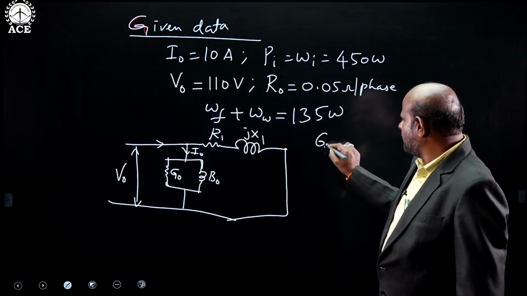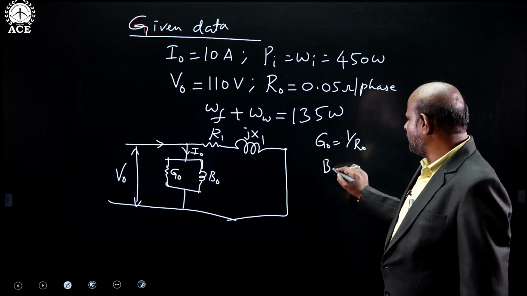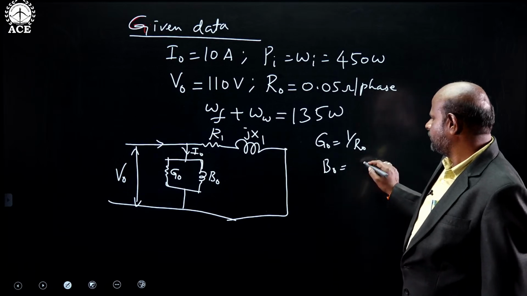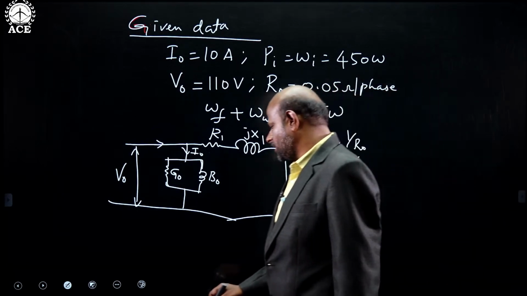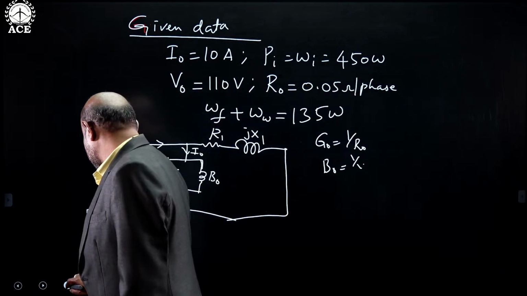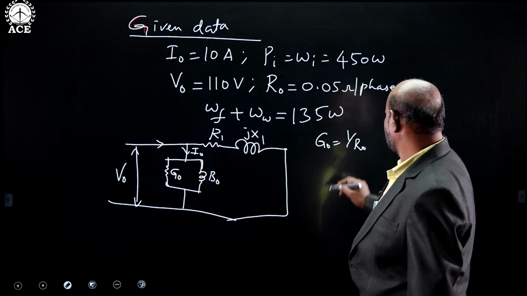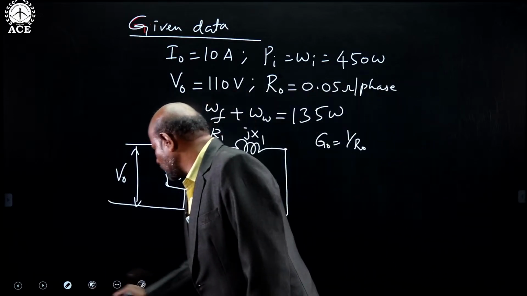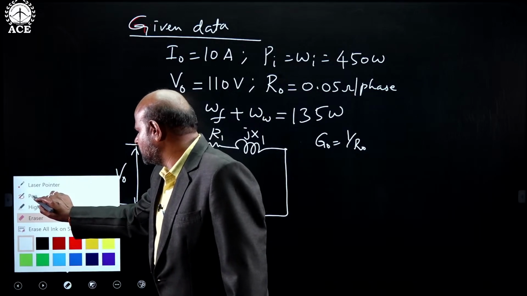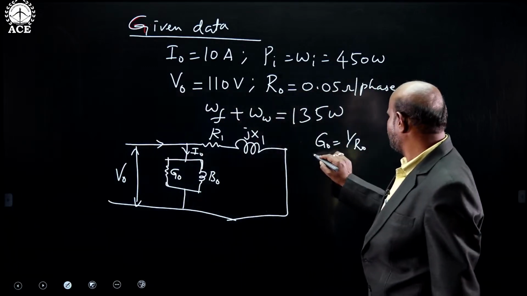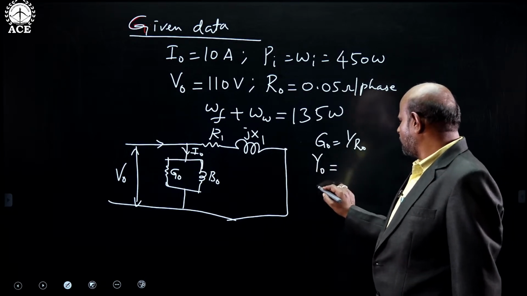So G naught is 1 by R naught, and B naught we can calculate as the reciprocal of reactance. If you know the admittance, you can find out B naught.